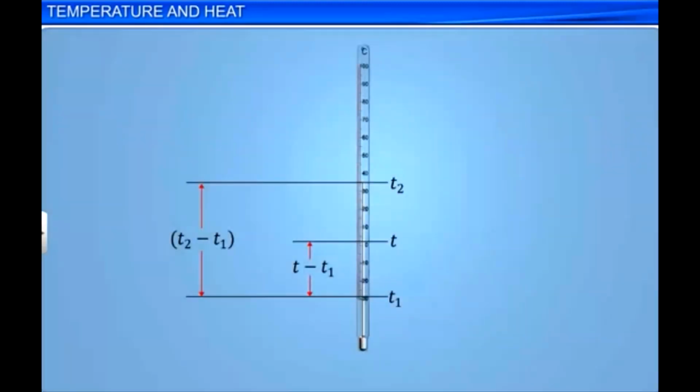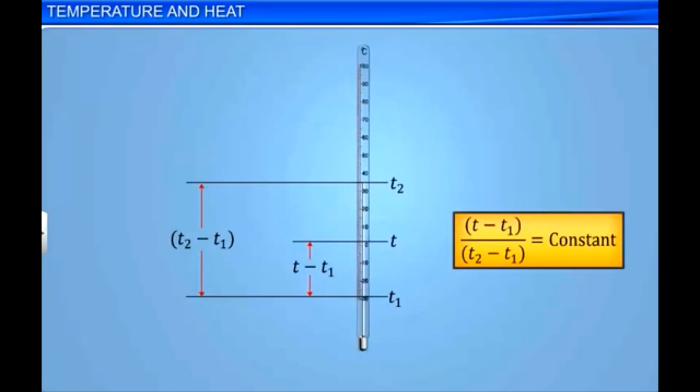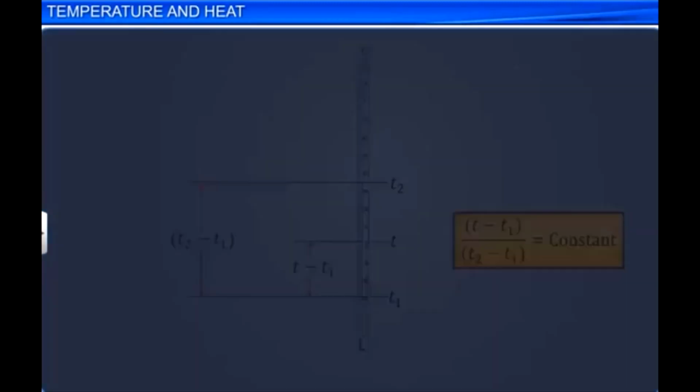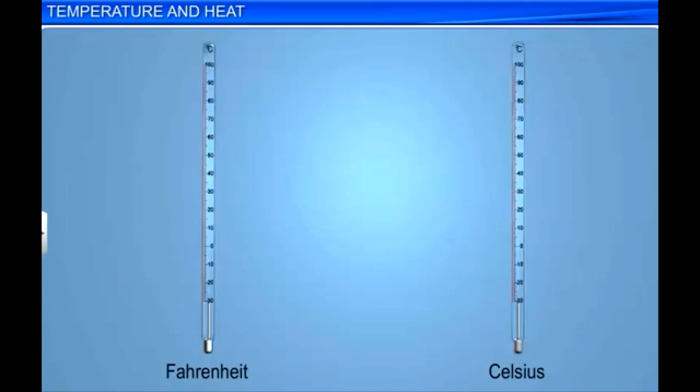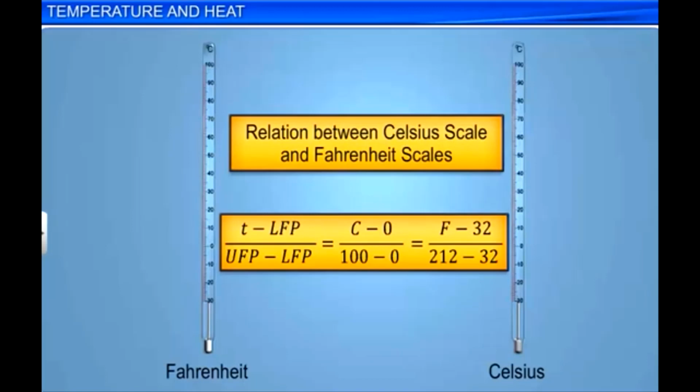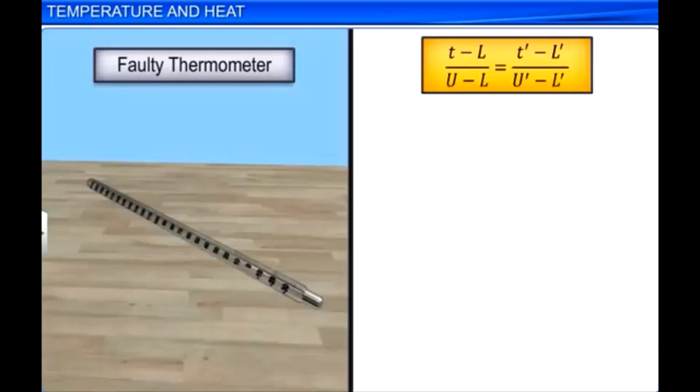For any temperature scale, the ratio (T − T1)/(T2 − T1) is constant. This can be used to find relationships among different temperature scales. The relation between Celsius and Fahrenheit scales of temperature can be as shown. The same relation can be extended to find the corrected temperature shown by a thermometer which is calibrated incorrectly.